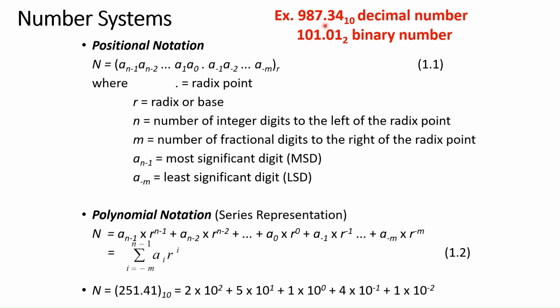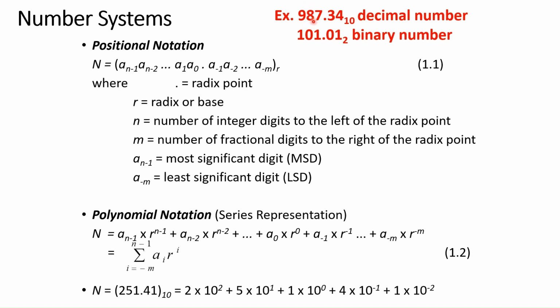Not only are these digits indicated with their position, they also have a polynomial notation by which we can know the value of the digit 9. As we call it 900, we know that the value of 9 is 9 times 100, right?